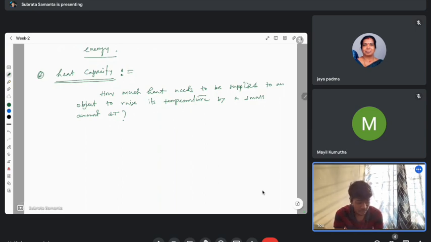Mathematically we write this as dQ = C dT, where the proportionality constant C is the heat capacity. It's not the specific heat. Specific heat we'll define later, but this is the heat capacity.